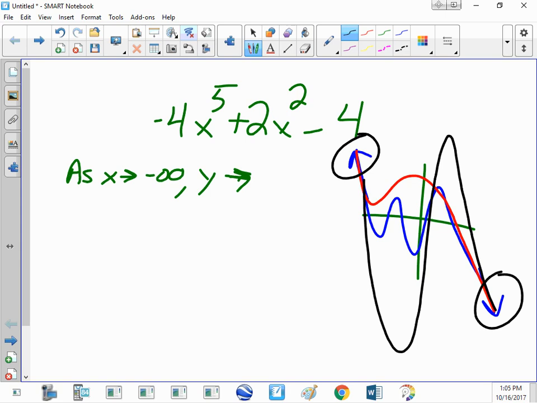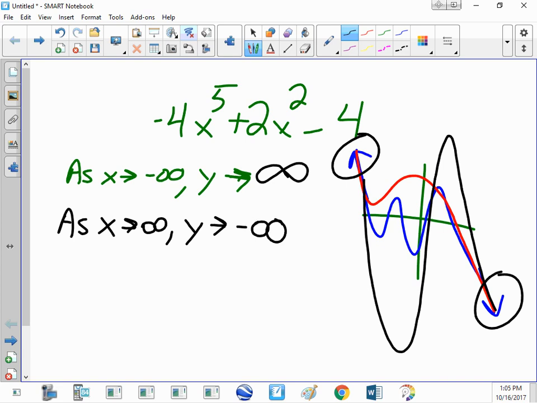So mathematically, as x approaches negative infinity, the y value approaches positive infinity. Basically, as the graph goes left, it's moving up. And then as x approaches infinity, y approaches negative infinity. So this says left and up, right and down. Okay?